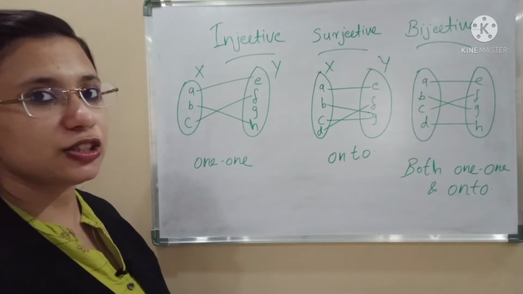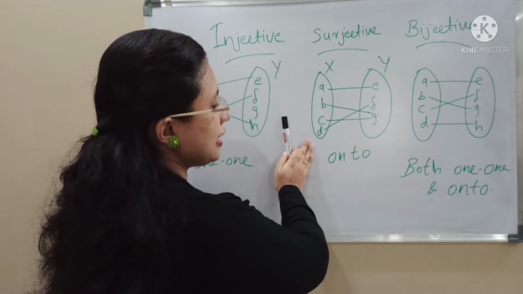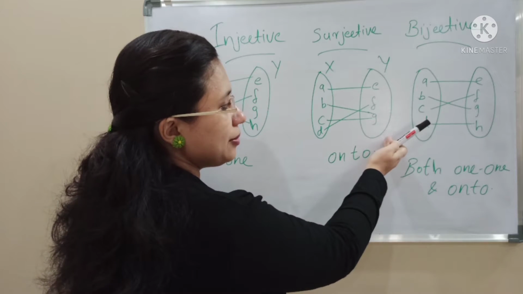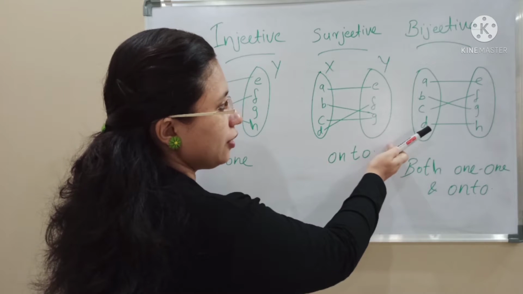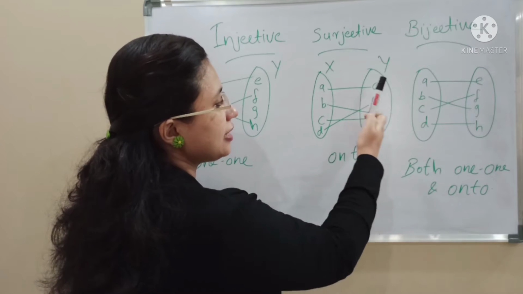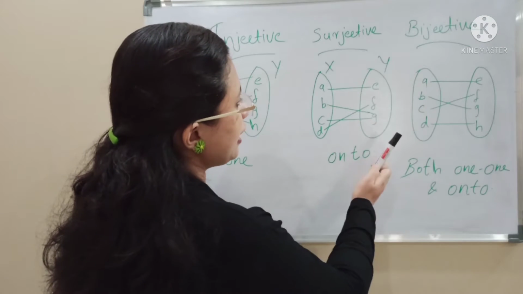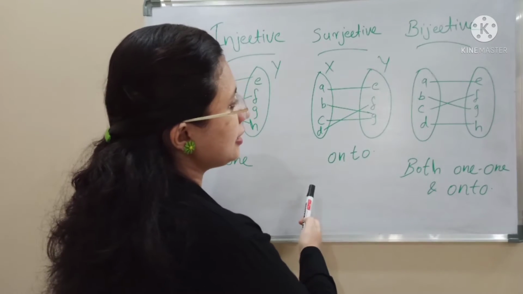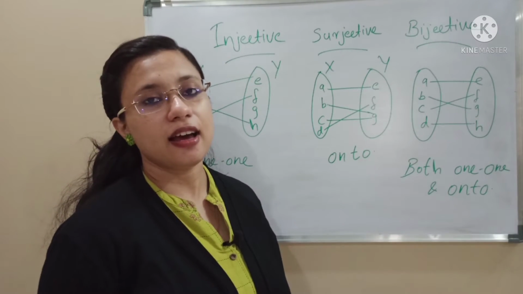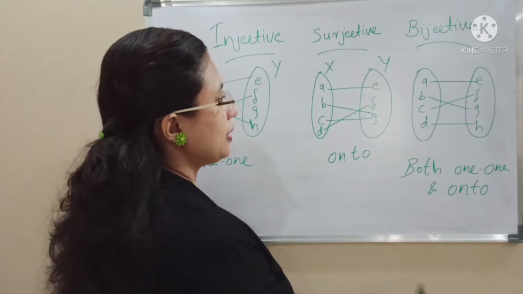Then what is surjective function? Surjective function means every element in set Y has a relation with elements in set X. So all the elements in set X have an image in set Y. Every element of set Y is having a relation with the set X elements.